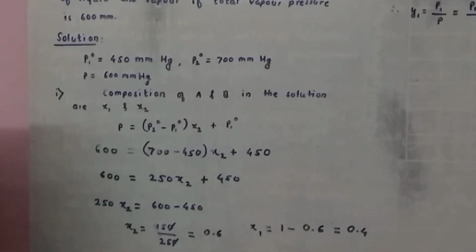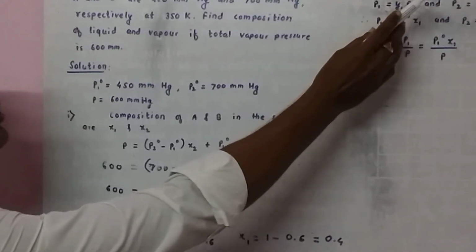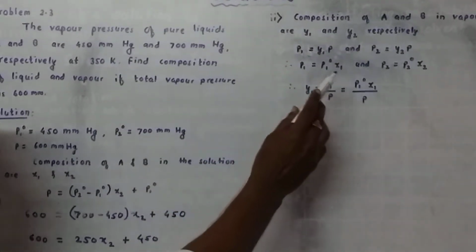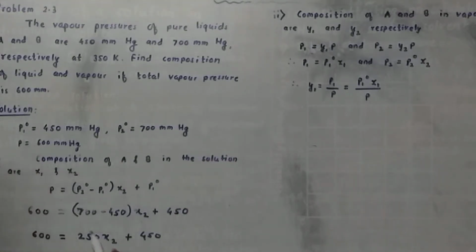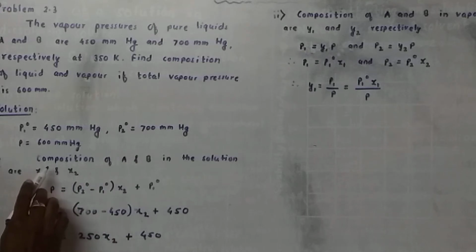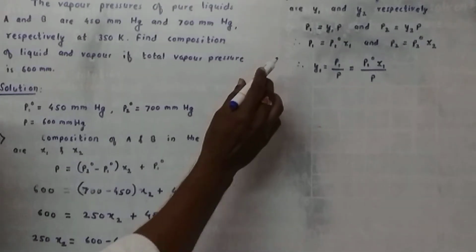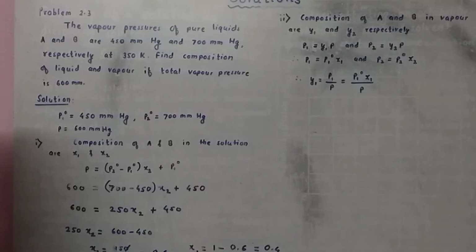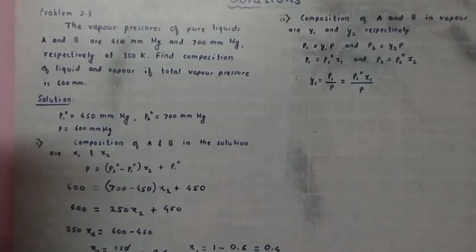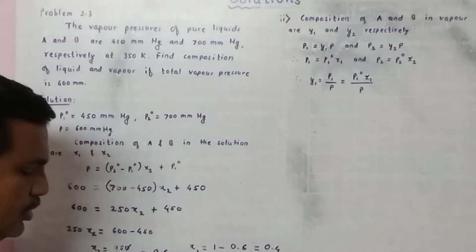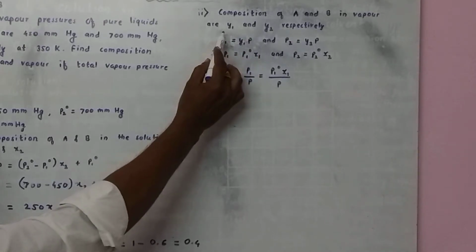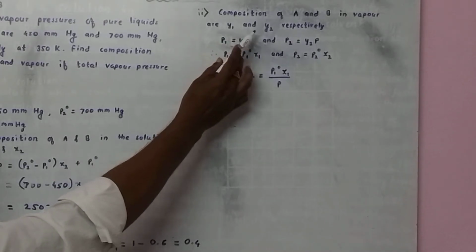Now, the composition of A and B in vapor are y1 and y2. This was the composition in liquid. Now we are finding the composition in vapor. So again, the compositions of A and B in vapor are y1 and y2 respectively.